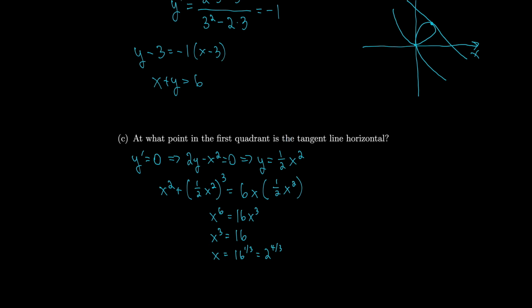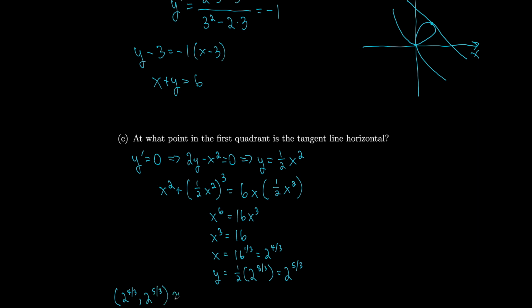So we square that, multiply it by a half, and we get that y is equal to half of 2 to the 8/3, which is equal to 2 to the 5/3. So that means that our point is x 2 to the 4/3 and y 2 to the 5/3.